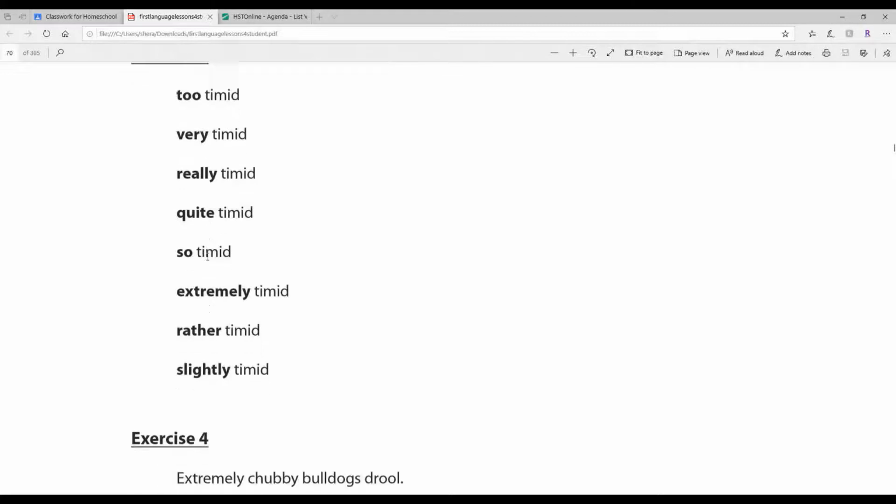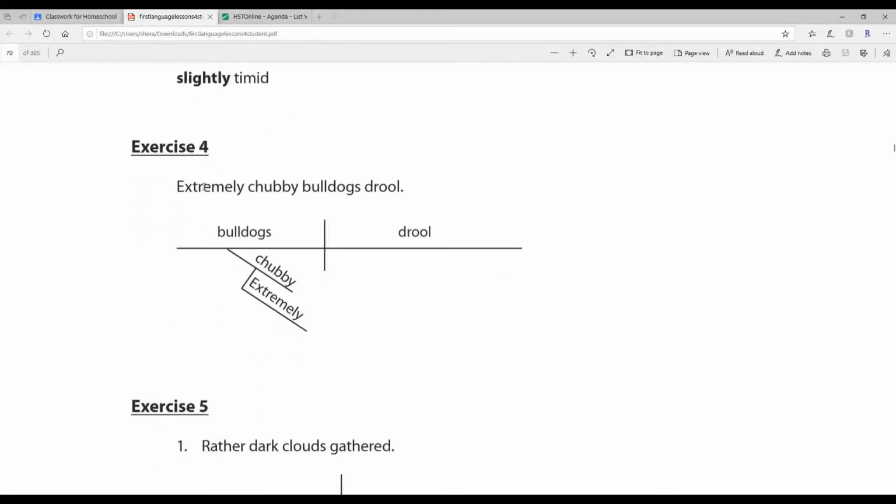All right, let's look at exercise 4. Extremely chubby bulldogs drool. Now watch how we do this. Drool is the verb. Always find the verb first. Then to find the subject, you say who or what drools. Bulldogs. Now chubby is an adjective that tells which bulldogs, what kind of bulldogs?